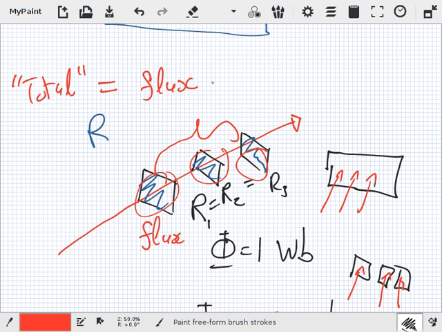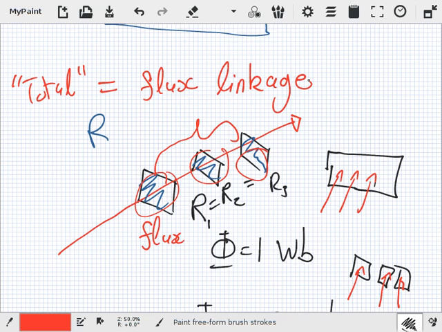Flux bundle? Getting closer actually. Flux bundle, I like that. Flux lines? Flux family? Flux linkage. Oh, linkage? Yeah.